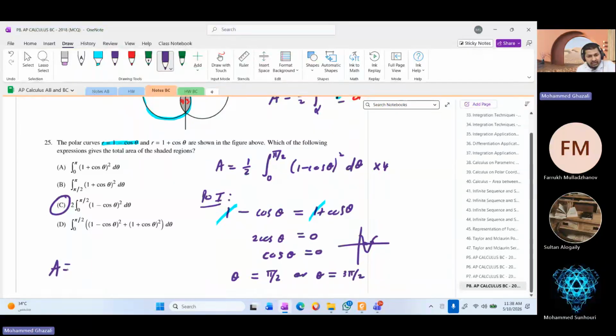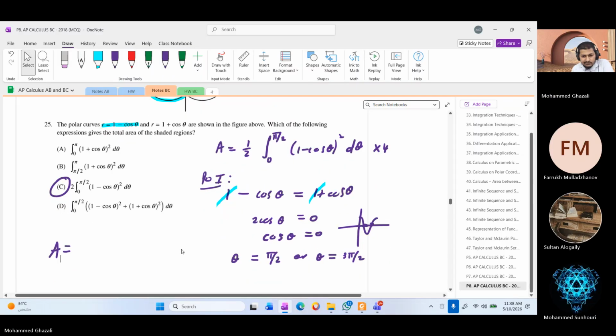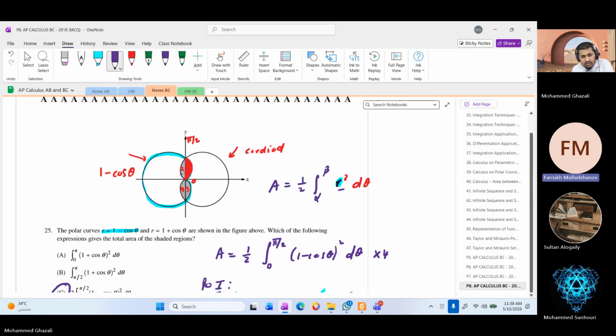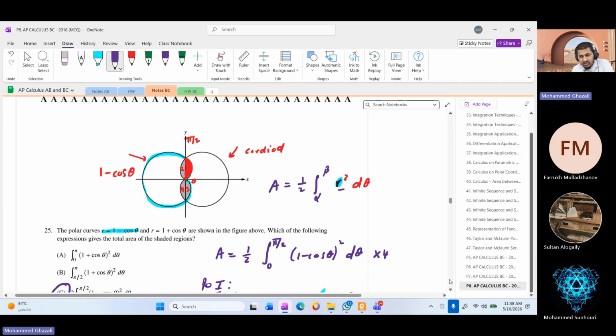So your area can also be represented as, now the thing is, which one is inside, which one is outside? We don't know. This is a problem, no? Yeah, we can take either one because they are identical.